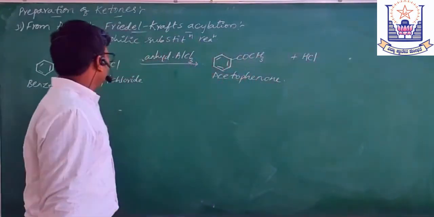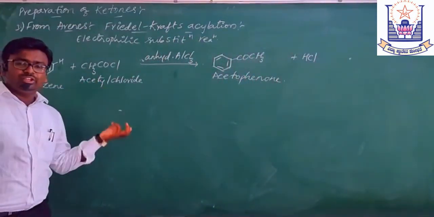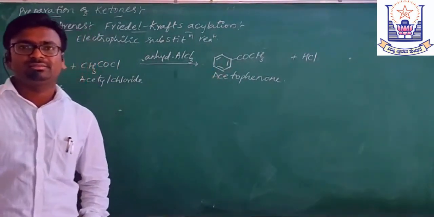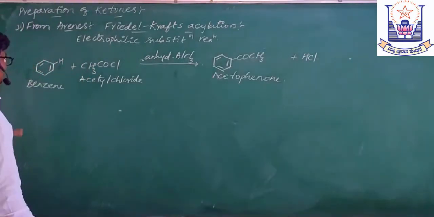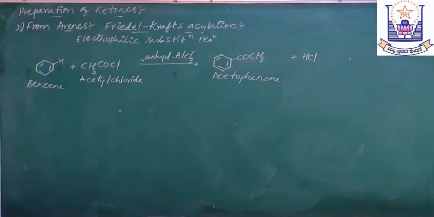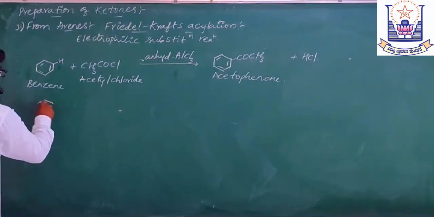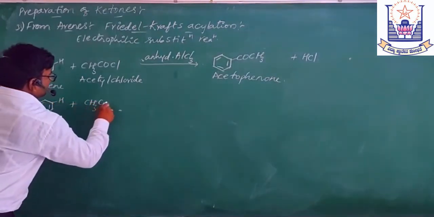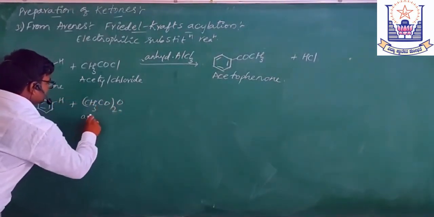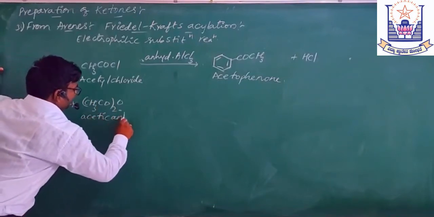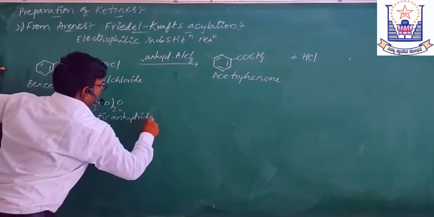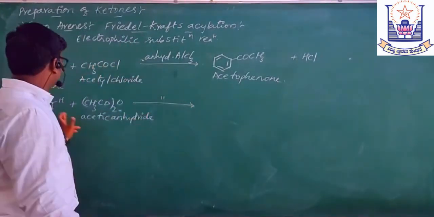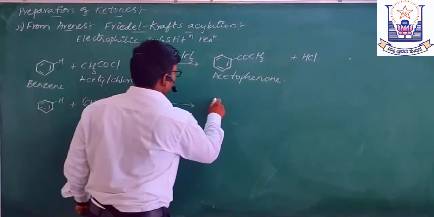Here you may also make use of acetic anhydride, but the byproduct will be acetic acid. For example, when benzene is treated with acetic anhydride, in the presence of the same catalyst, anhydrous aluminum chloride, you will get COCH3 on benzene.